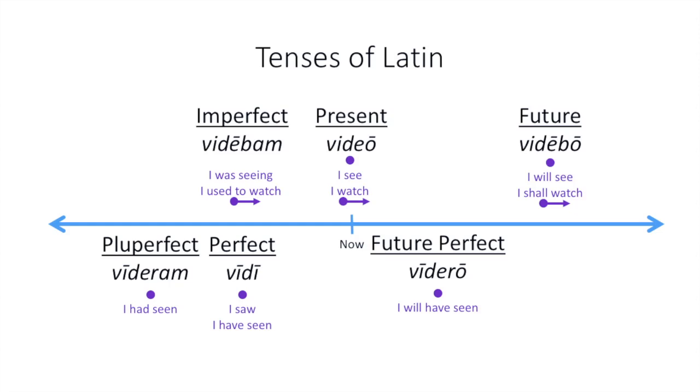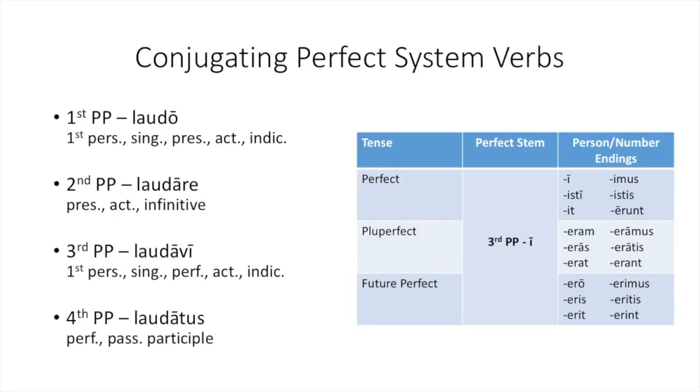All right, so let's look at how we form these new tenses, the perfect, pluperfect, and future perfect. To do these, we need to remember what each principal part of the verbs is. So you remember that the third principal part is the first person singular, perfect, active, indicative. And that's the principal part that we're going to work with to form your perfect, your pluperfect, and your future perfect verbs.